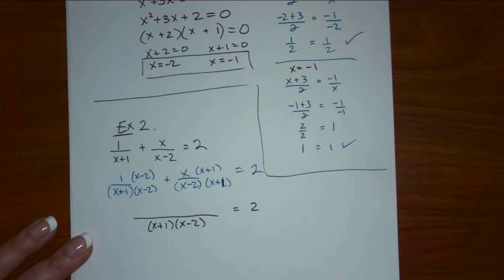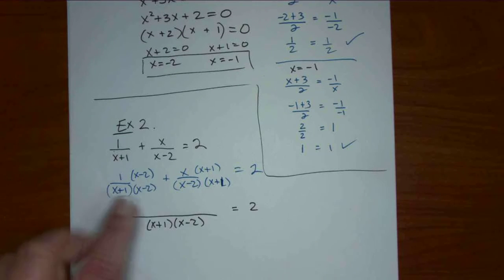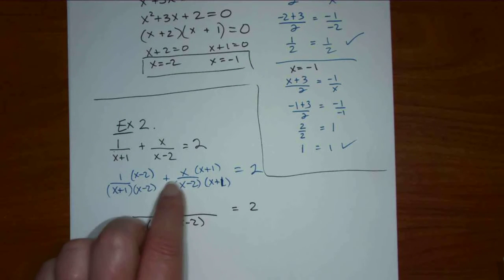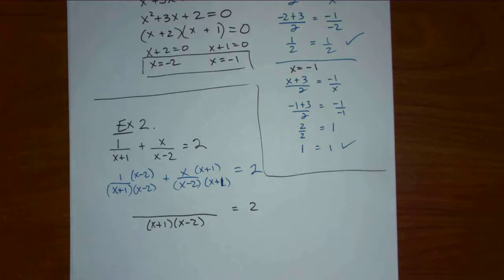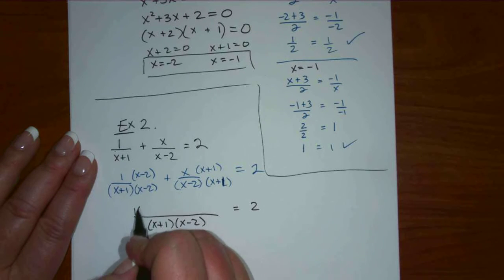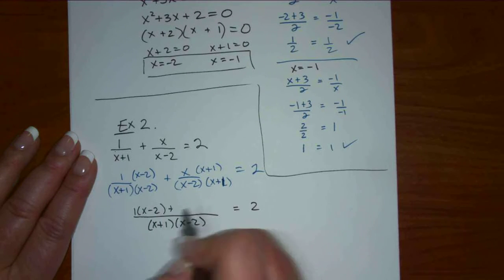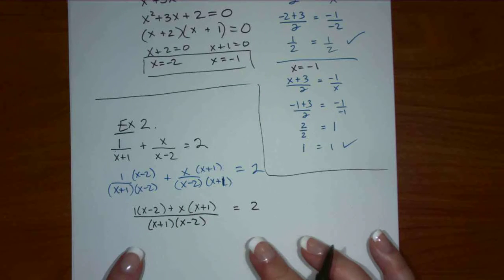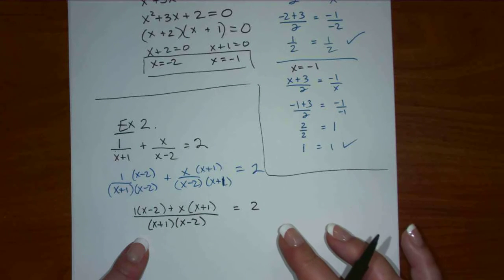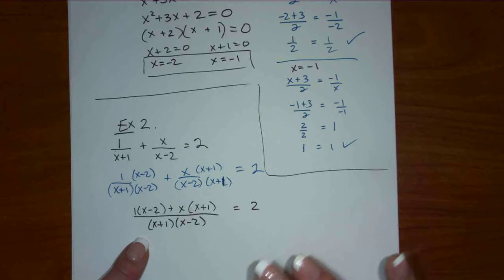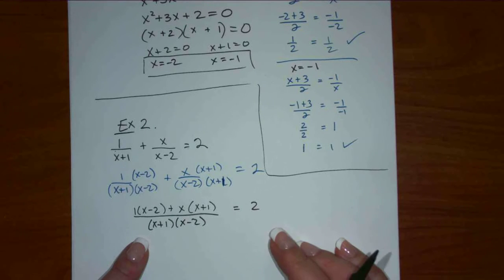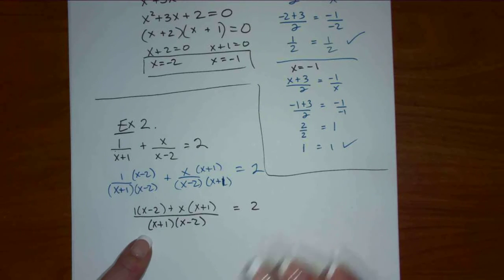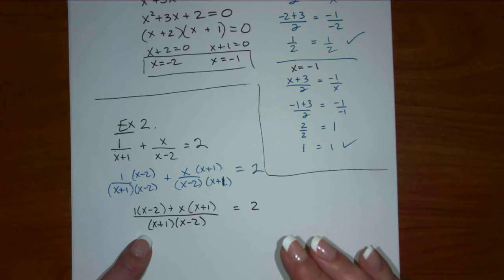And what goes on top? Everything here plus everything there. So 1 times x minus 2 plus x times x plus 1. Now, what did I say when you get to this point? When we're simplifying, leave the bottom factored, because it might cancel something out after and you don't want to refactor it.